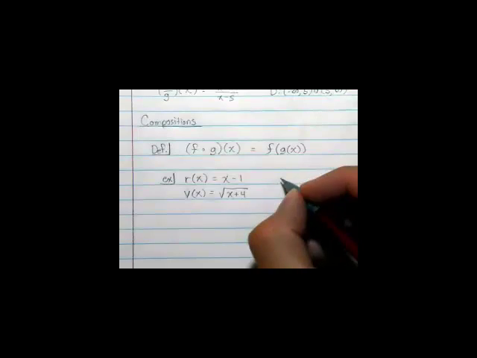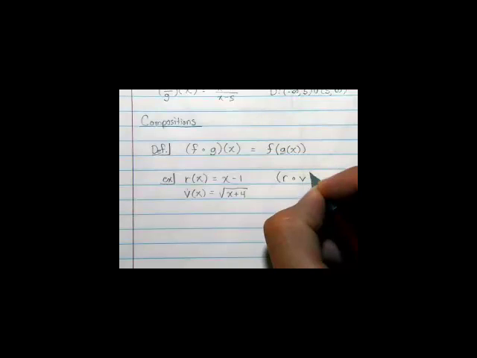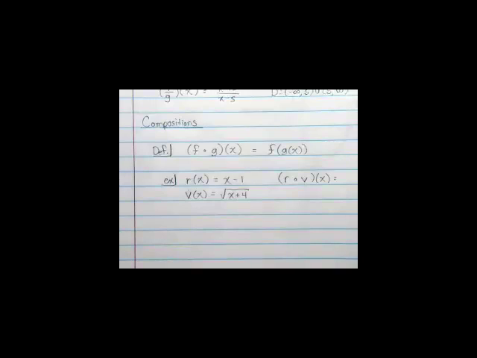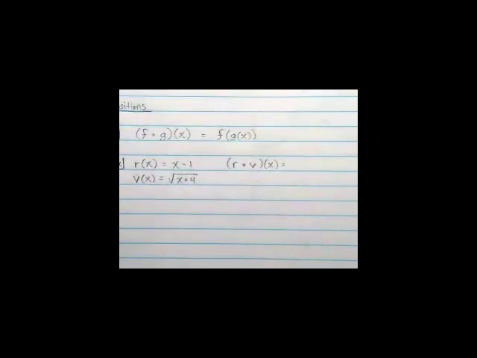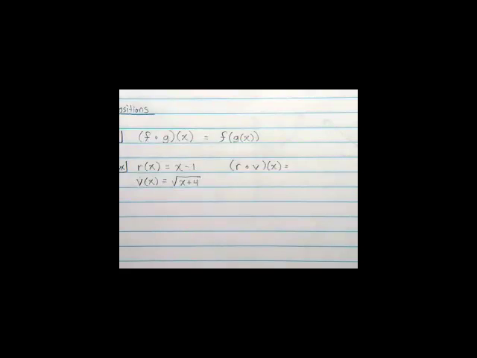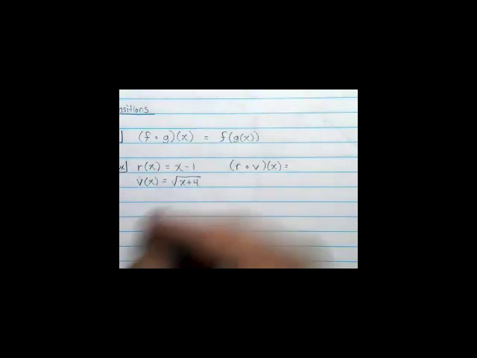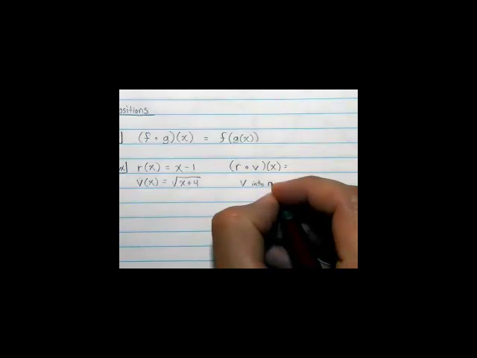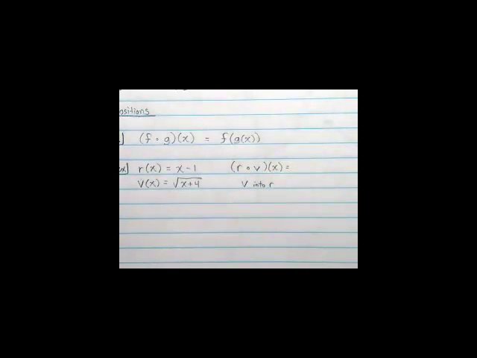Okay, so if I do r of v of x, that means v is going into r. So maybe we'll just write that underneath v. Absolutely. Yeah. When you're working on it, if you want to change the notation so it makes more sense, that's totally fine.